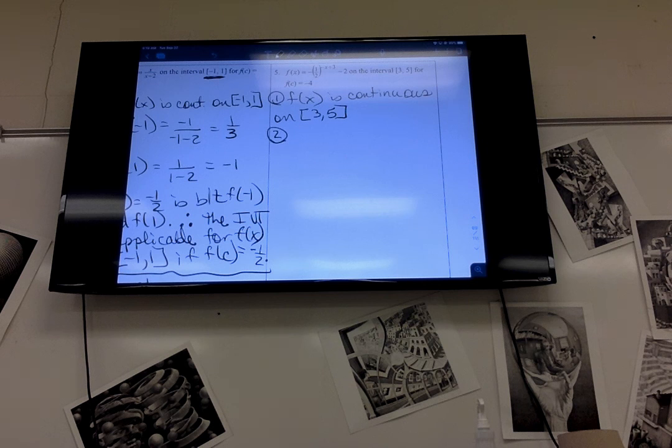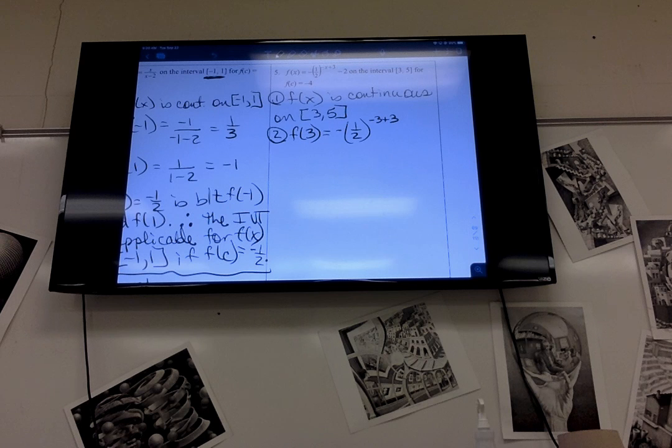The second thing we're looking for is f of 3 and f of 5. So f of 3 is negative 1, isn't it?